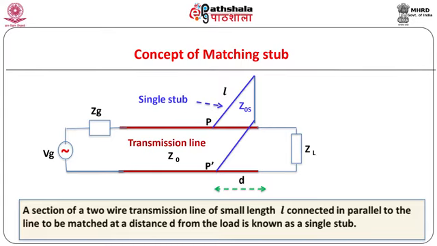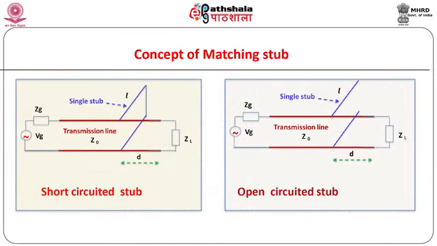The stub may or may not have its characteristic impedance the same as that of the given transmission line. However, generally the stub is chosen so as to have the same characteristic impedance as that of the given transmission line. Similarly, the stub may be short circuited or open circuited at its open end.